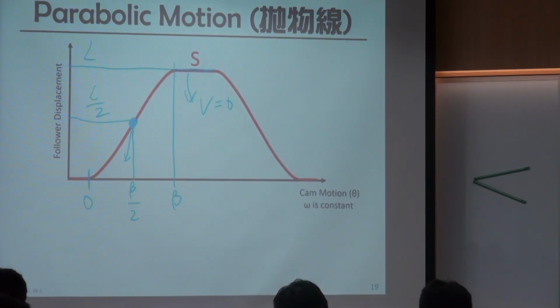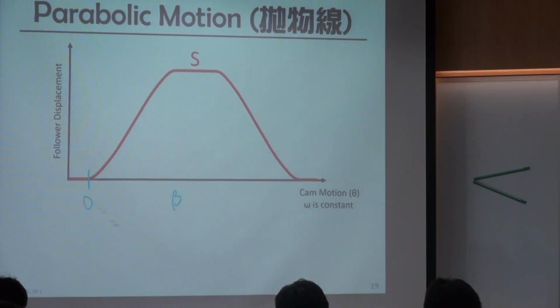The velocity of the initial point is 0, and this property makes the velocity at this point continuous. And also this point we found is continuous. So that's a good thing. It's better than the previous one. At least right now the velocity is continuous.